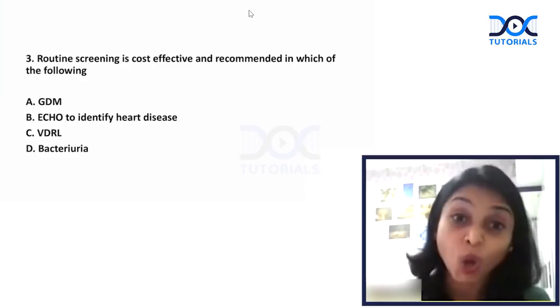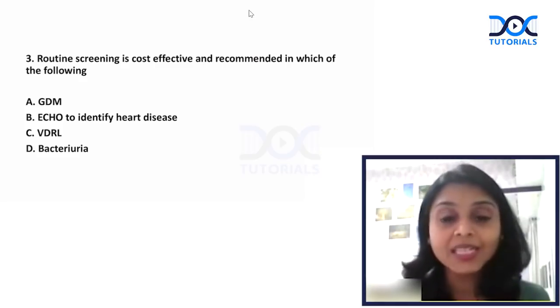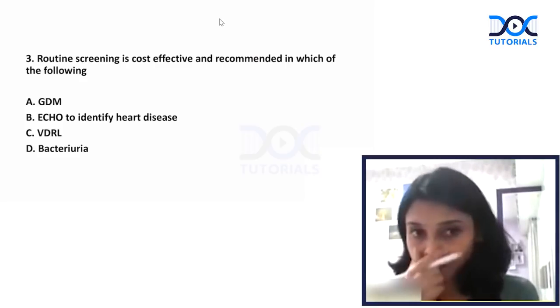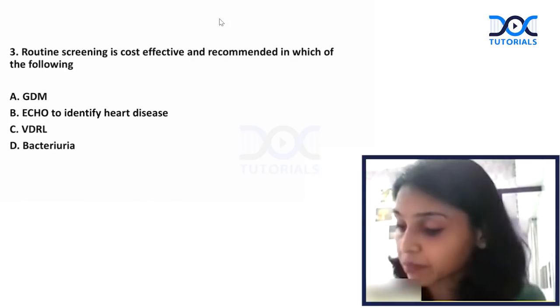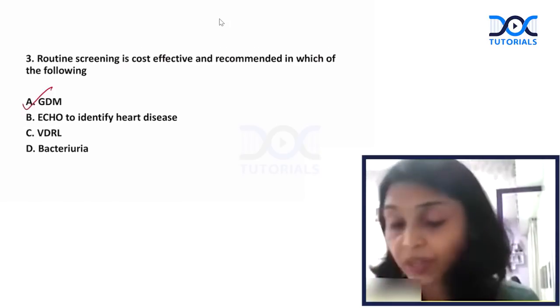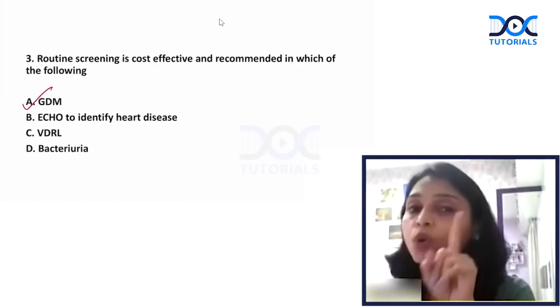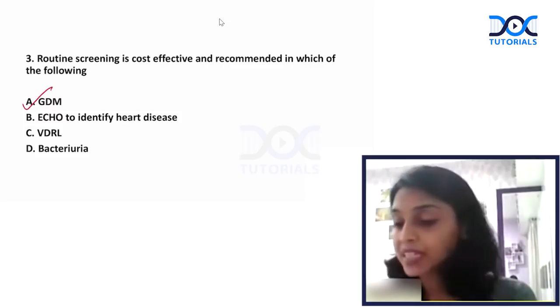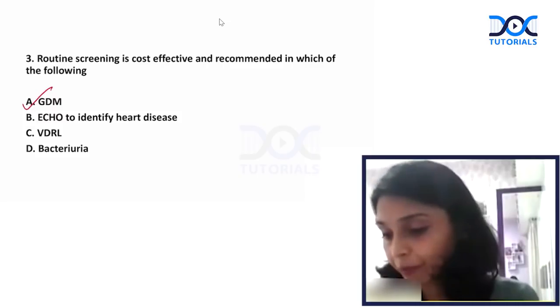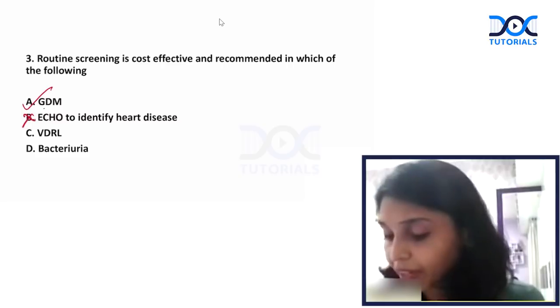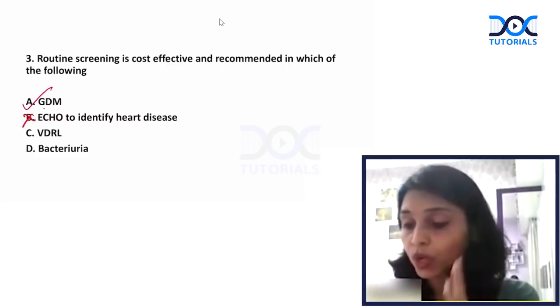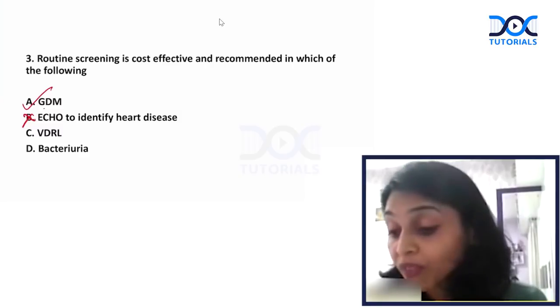Routine screening is cost effective is the question. See, cost effective. Which one is cost effective? In these 4, it is GDM. If you're asked to pick one, then go for GDM, because in GDM it is cost effective, whereas echo is not cost effective. And if you're asked to pick 2, then you can also go for VDRL.